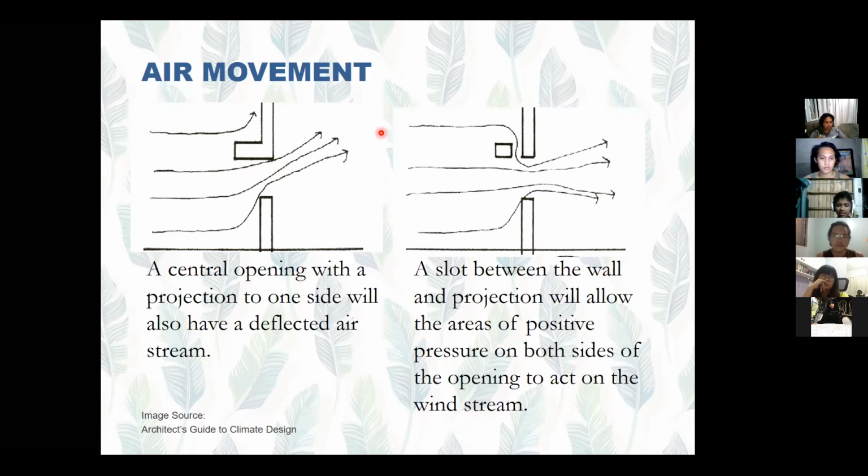Our main point here is that the window should be at our level, human height. But the air is deflected upward, so we lose the wind stream. So what you do is put a slot in between, so that it counters the upward deflection and the air returns to its lead spot.